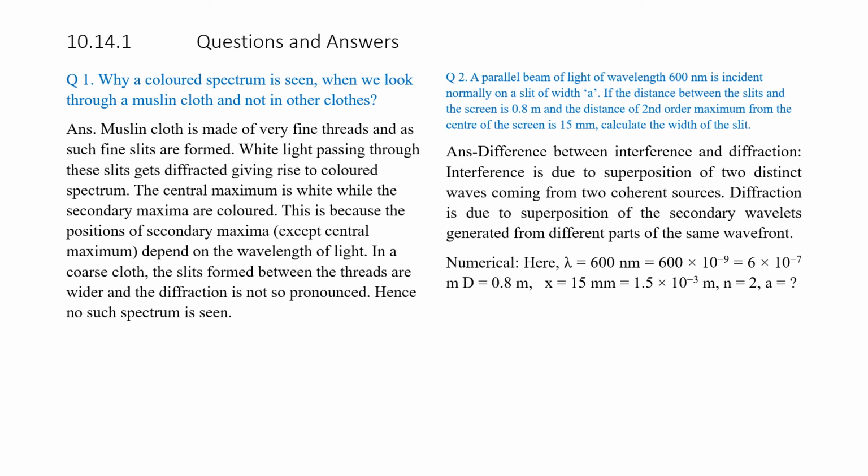D is equal to 0.8 meters, it is given, and x, the distance of the second order maximum from the center of the screen, is 15 mm, that is 1.5 into 10 to the power of minus 3 meters. He is asking for the second order maximum, therefore n is equal to 2, and we have to find the value of a, that is the width of the slit.